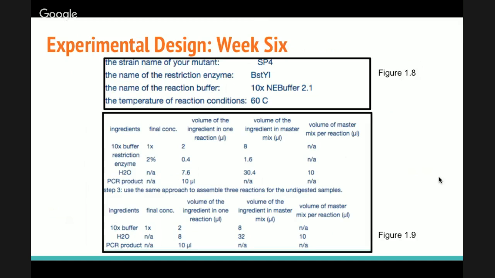And the reason we needed to do the restriction enzyme analysis before this week was so that we can determine which restriction enzyme to use.